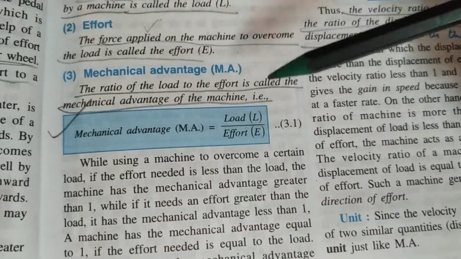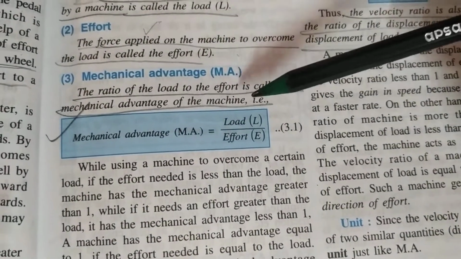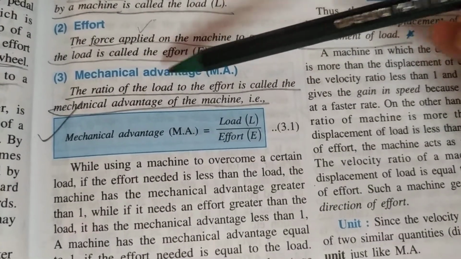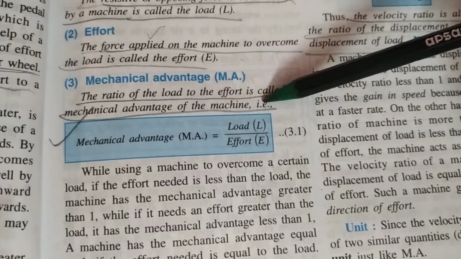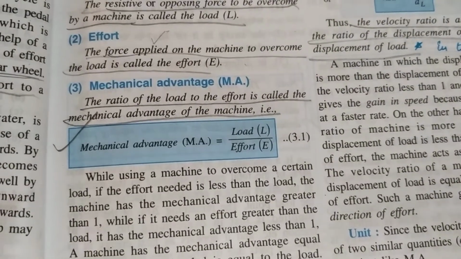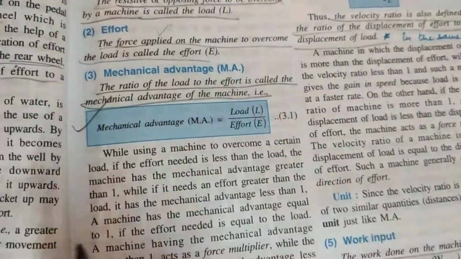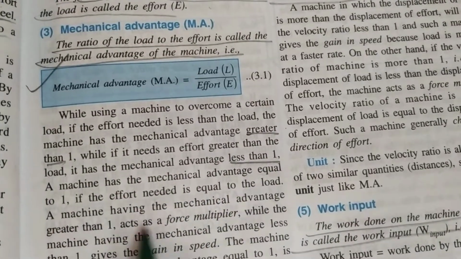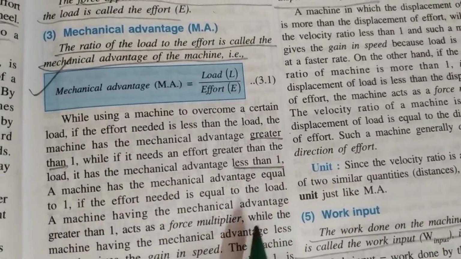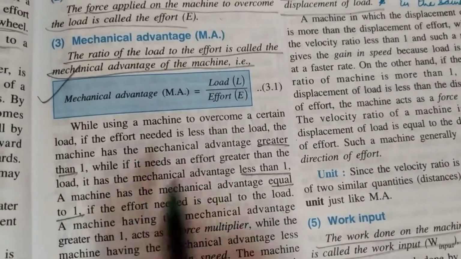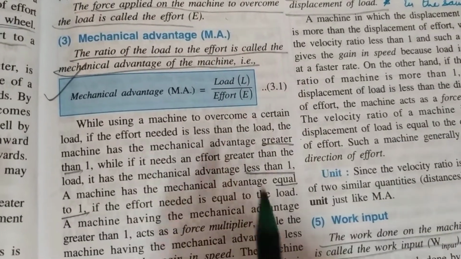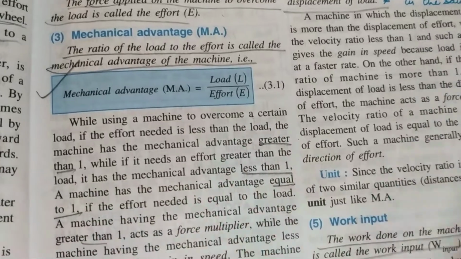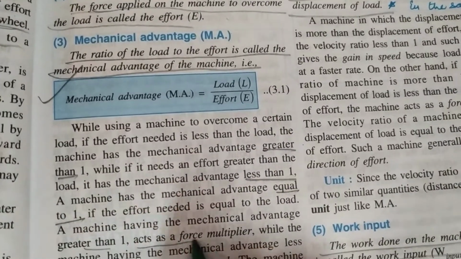Third is the term mechanical advantage of a machine, which is the ratio of load and effort. Now mechanical advantage can have 3 values. It can be greater than 1, it can be less than 1, or it can be equal to 1, right? So when the mechanical advantage of any simple machine is greater than 1, such a machine acts as a force multiplier.